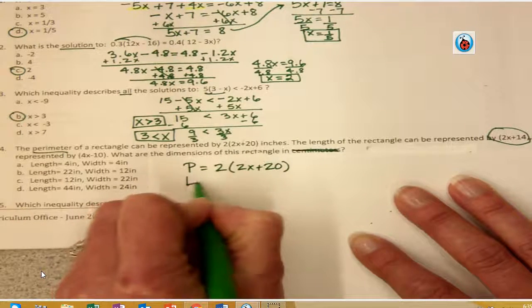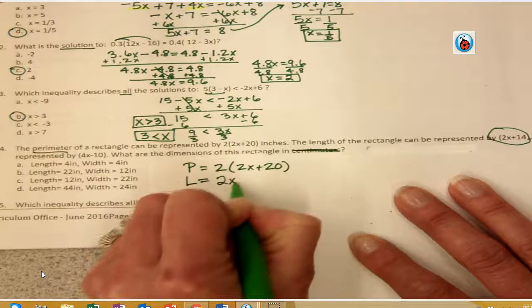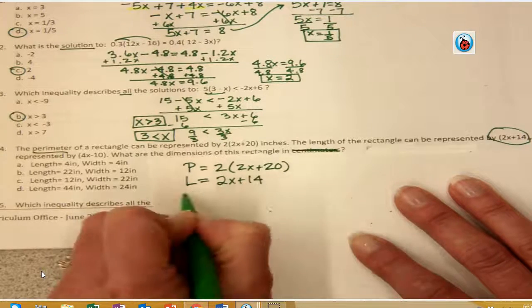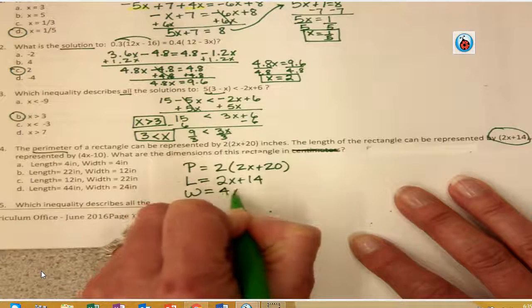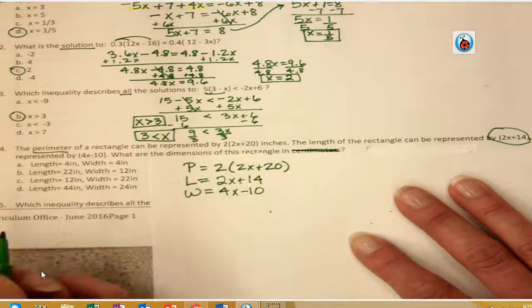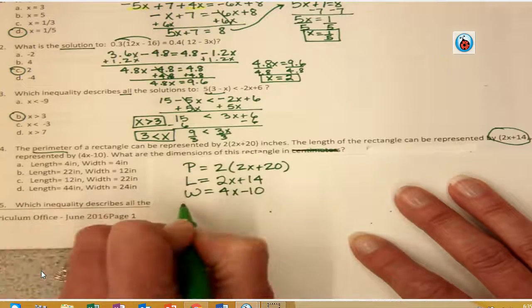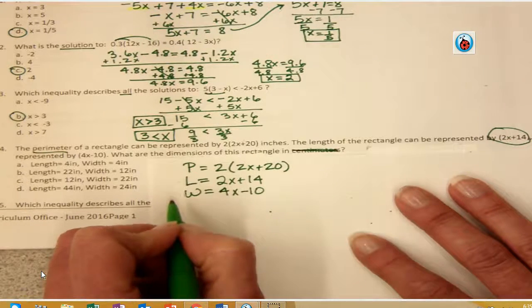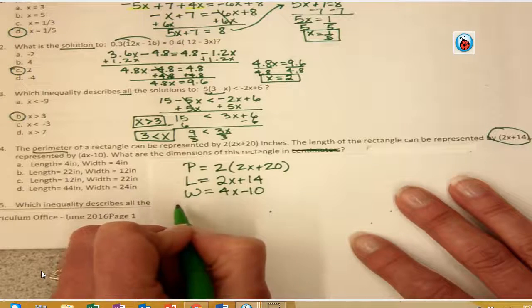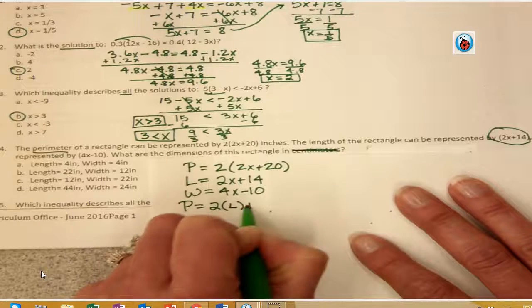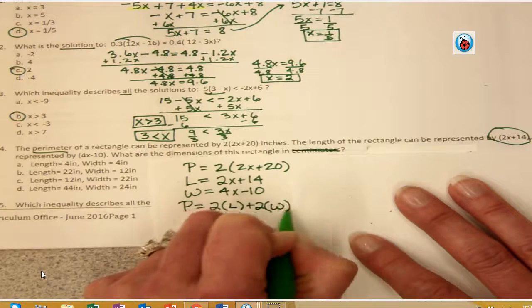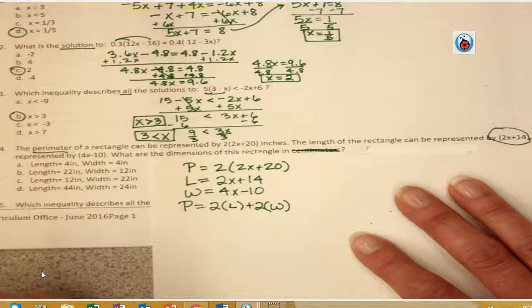We know that the length is 2x plus 14. The width is 4x minus 10. We also are told, because we have a formula chart, you don't need to remember this, but the perimeter equals 2 times the length plus 2 times the width. Okay?